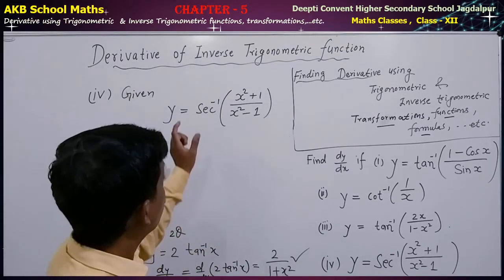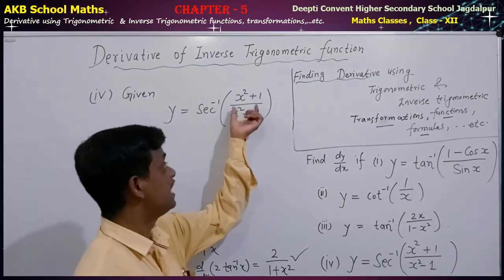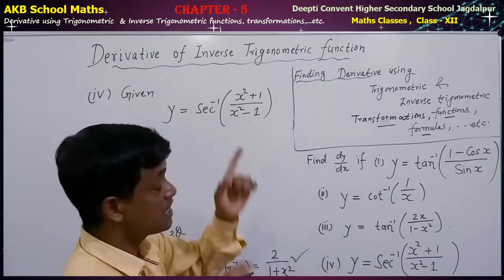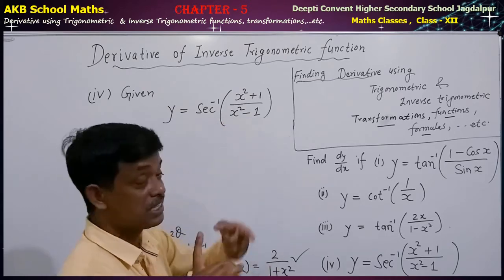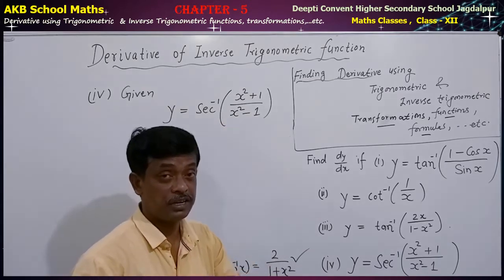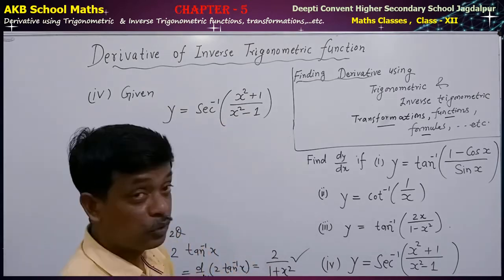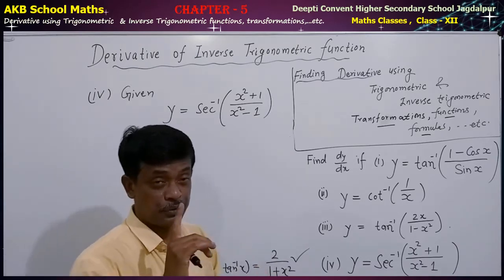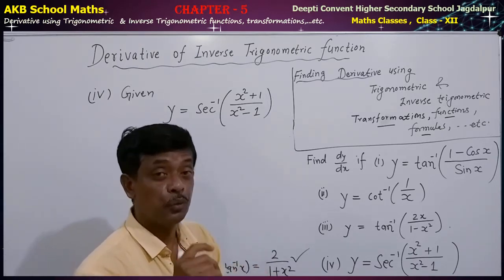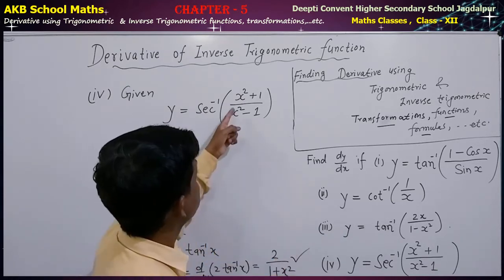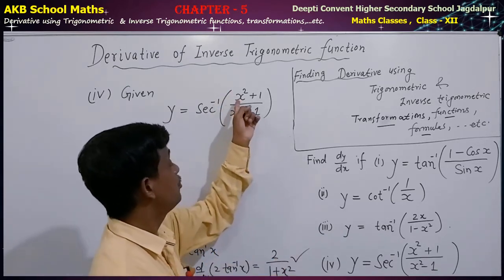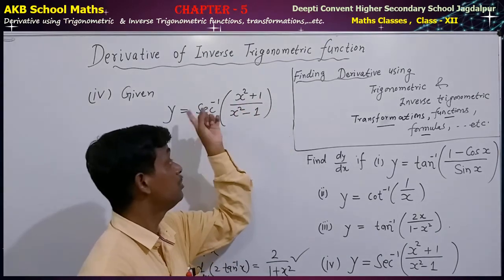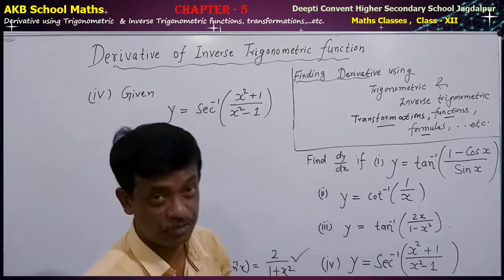Here we are trying to find sec. We know the formula: 1 minus tan square upon 1 plus tan square equals cos 2 theta. So sec means 1 plus tan square upon 1 minus tan square. If we take cot, then cot is 1 by tan, and we can get 1 plus tan square by 1 minus tan square.